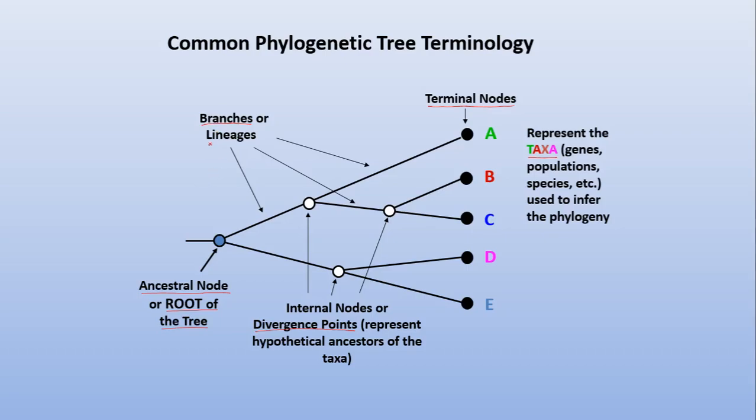Branches are sometimes also called lineages. So this particular branch which arises from the root of the tree and has one ancestral node that gave rise to terminal node A, we say that this is the lineage followed by this terminal node A, or this is the branch or lineage for the taxa A. That is what we represent in your phylogenetic tree.